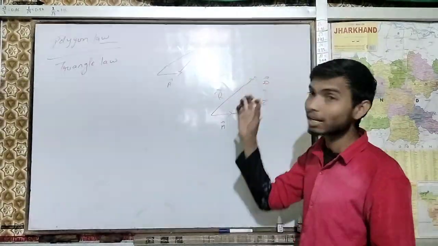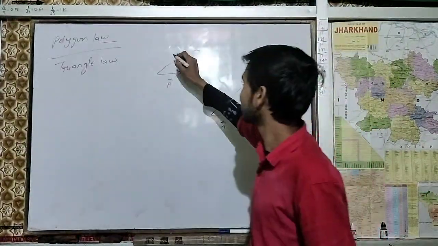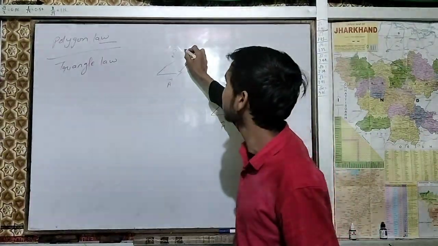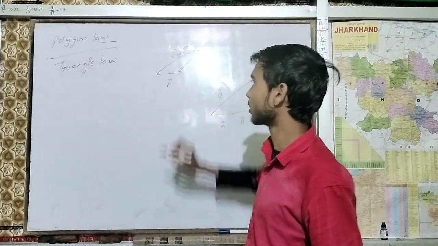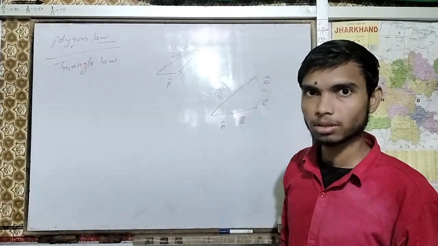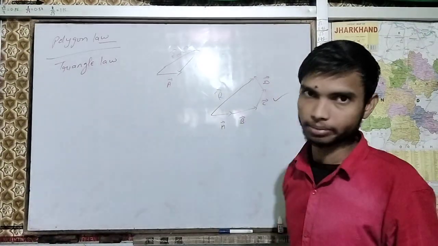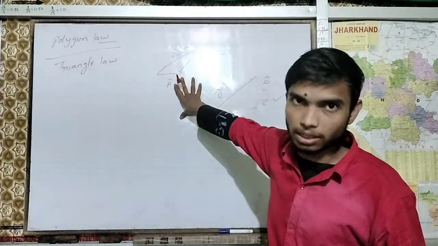This is our resultant vector. Okay, you can consider it as an R vector or C vector, whatever. This is the correct way. And thus you can say we have 3.